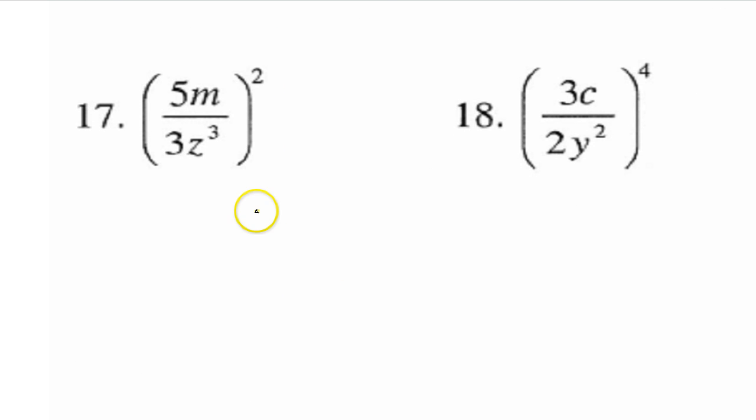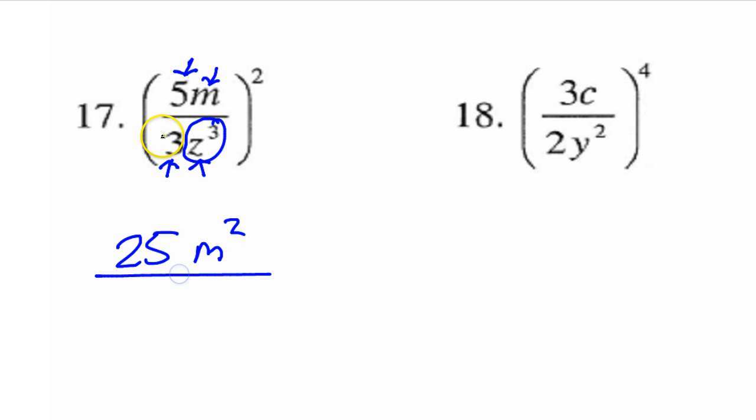Number 17. So again, we're going to square each one of these 4 things. We're going to square the 5 and the m and the 3 and the z to the 3rd power. Okay, we're going to square all 4 of these parts. So 5 squared is 25. M squared is m squared. Okay, 3 squared is 9.